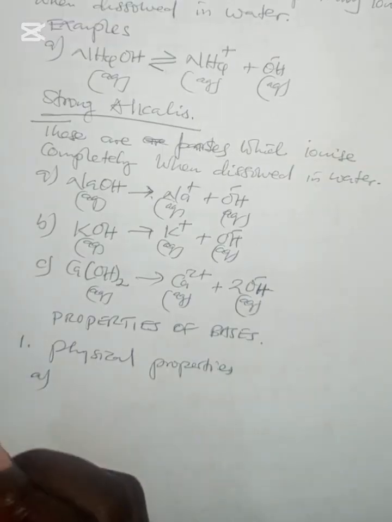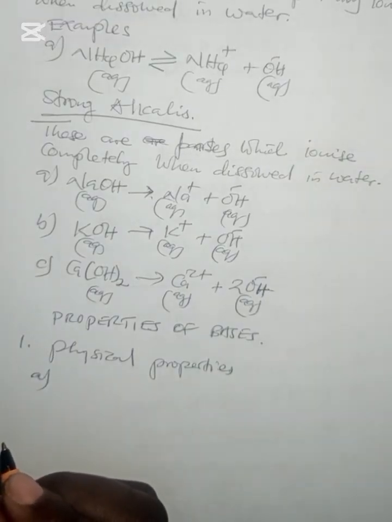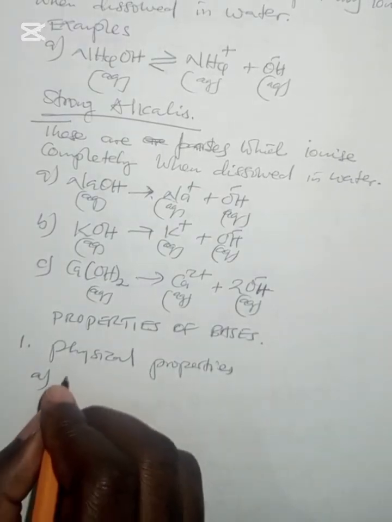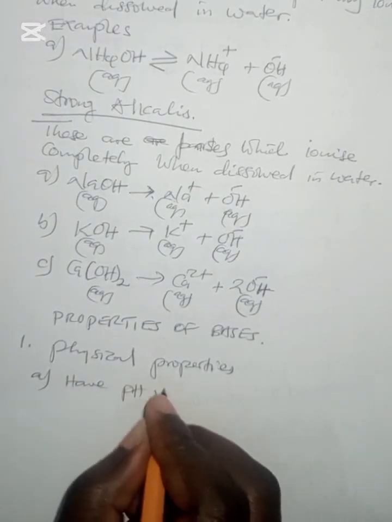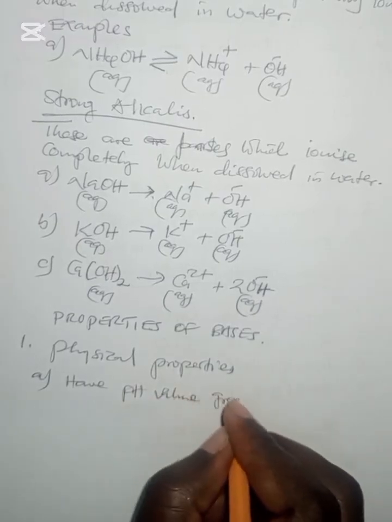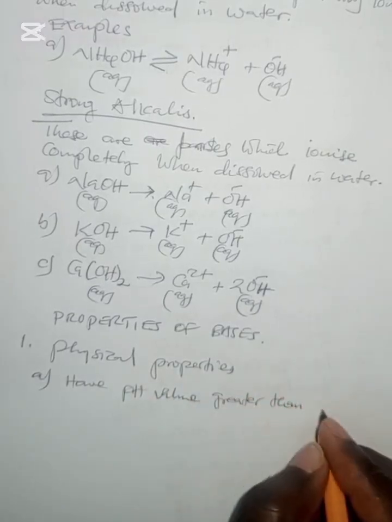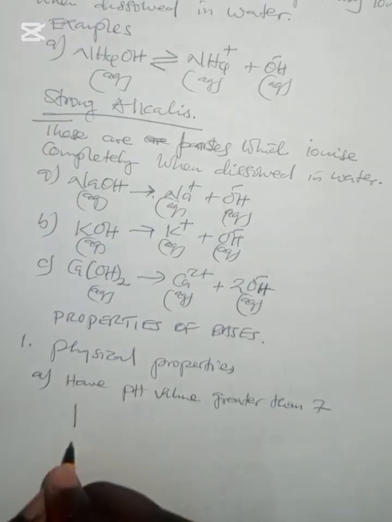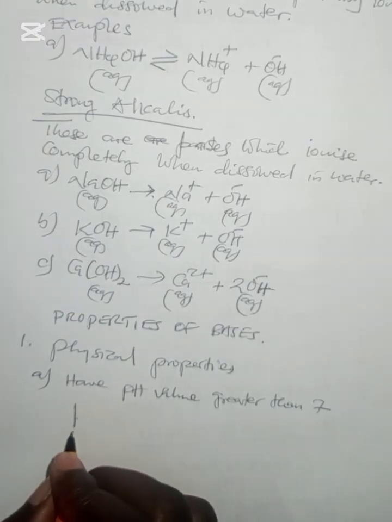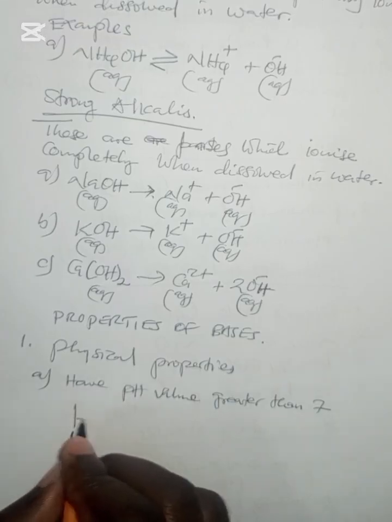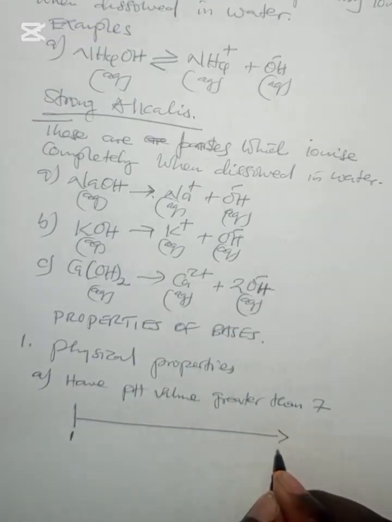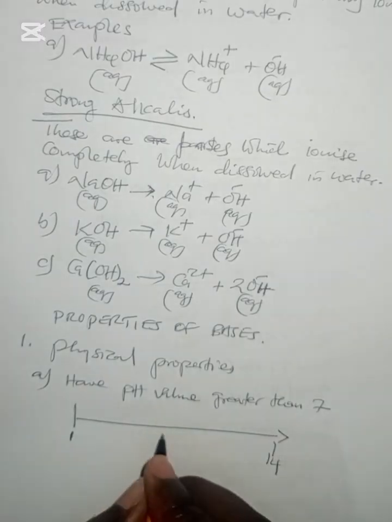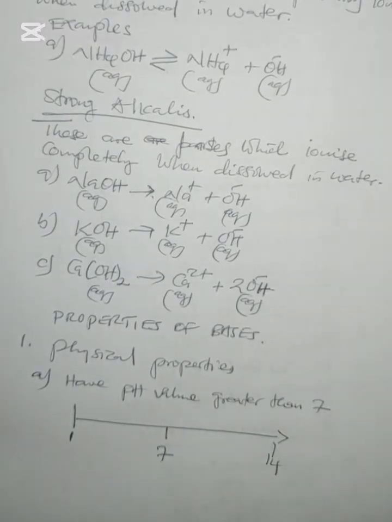So number one, in terms of physical properties, we know that all bases have a pH value greater than 7. So this is demonstrated on the pH scale, which ranges, others say from 1, others say from 0, to 14, passing through 7, which is a neutral point.